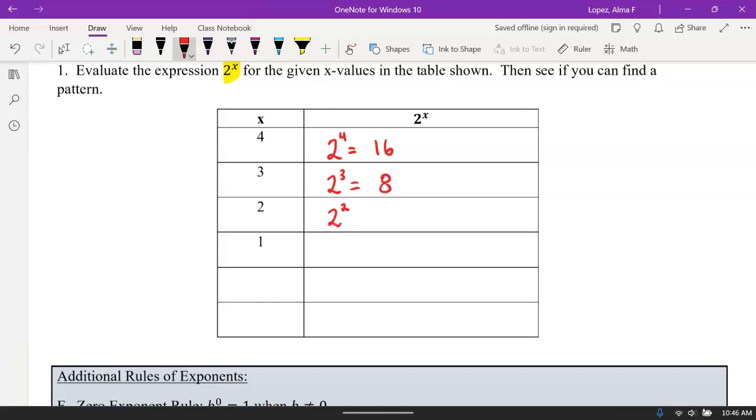If I raise it to the 2nd power, it would be 4. If I raise it, excuse me, to the 1st power, I get 2. And let's go ahead and add a 0 and a -1. If I add it to the 0 power, remember that anything to the 0 power is 1.